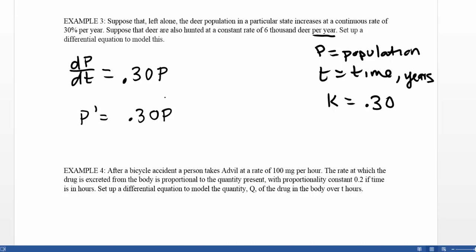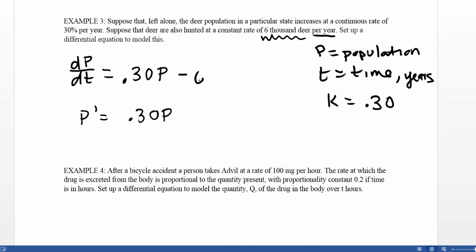However, we also have that they're being hunted at a constant rate of 6,000 deer per year. Now, that 6,000 does not depend on the size of the population. There might only be 6,000 deer, or there might be 6 million deer. We don't know. But they're being hunted at a constant rate that's not related to the size of the population.